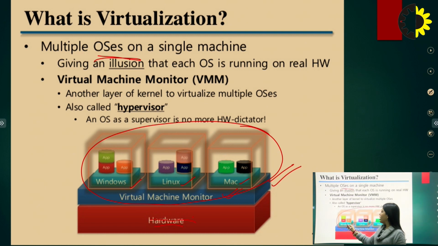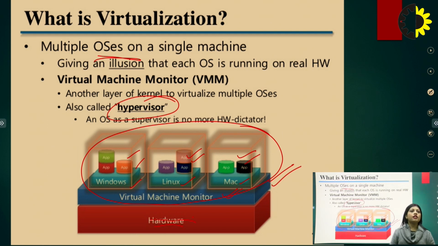On multiple operating systems, multiple apps work. In the virtual machine monitor, there is another layer of kernel to virtualize multiple operating systems, and this process is also called a hypervisor, in which the multiple applications are running. An operating system as a supervisor is no more a hardware dictator.